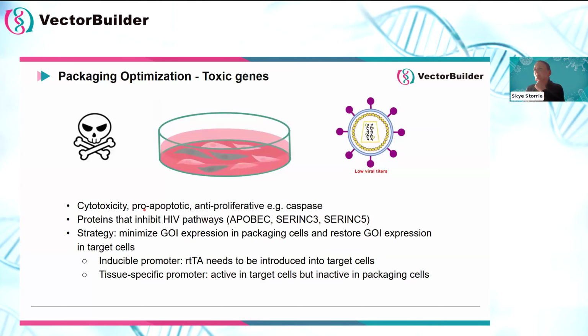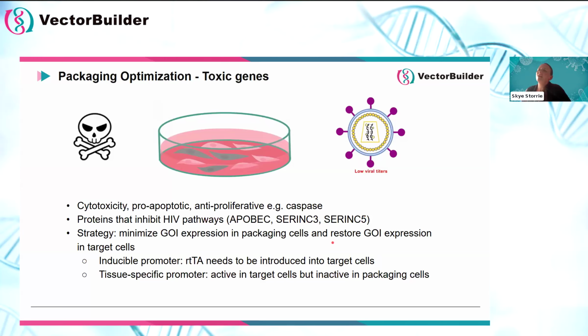So for example, types of genes that may affect the cell include cytotoxic genes, as well as pro-apoptotic genes and anti-proliferative genes, for example, caspases. For inhibiting the virus, for lentivirus itself, this can be genes that would inhibit HIV packaging. So for example, APOBEC, SERINC3 and SERINC5.